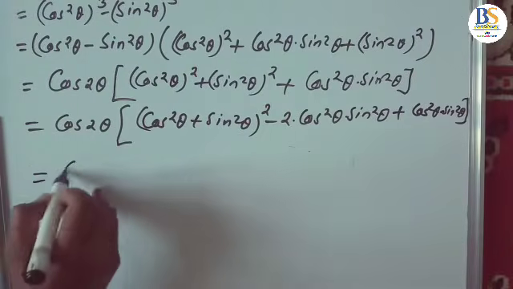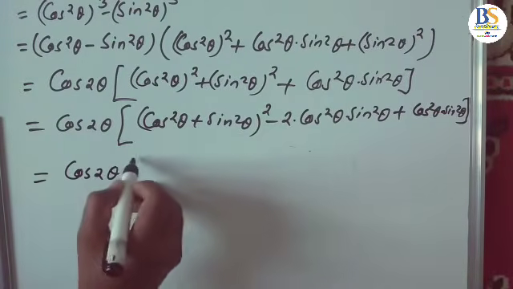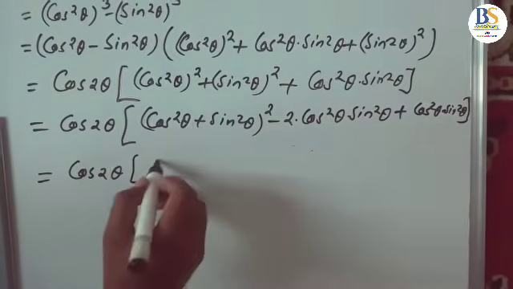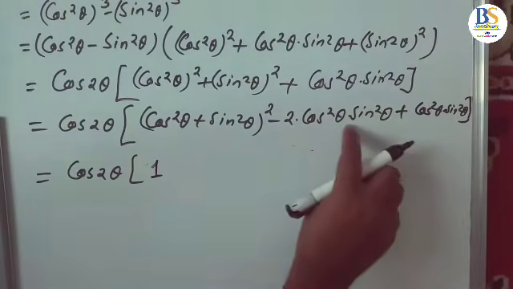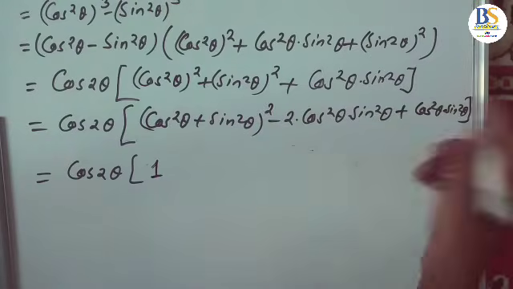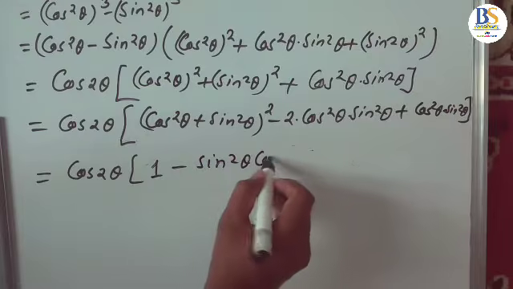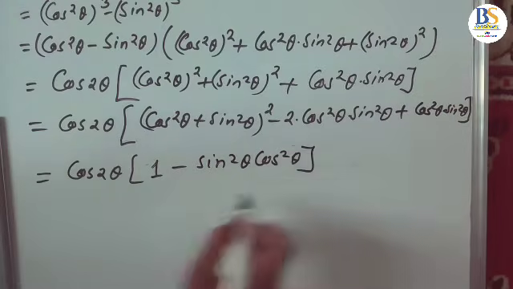Okay, this is equals to cos 2 theta. Then cos square theta plus sin square theta is 1, whose square is just 1, minus 2 cos square theta sin square theta, plus cos square theta sin square theta is minus sin square theta cos square theta.